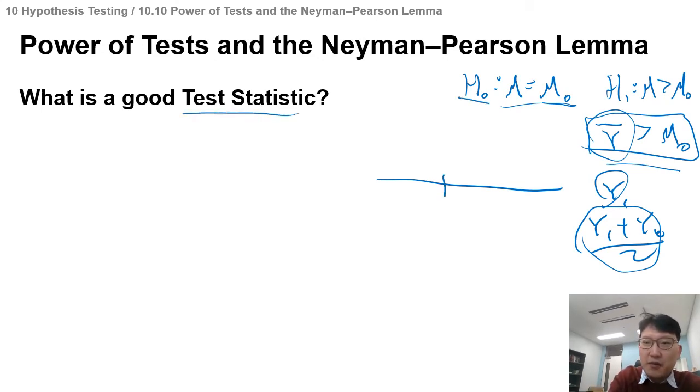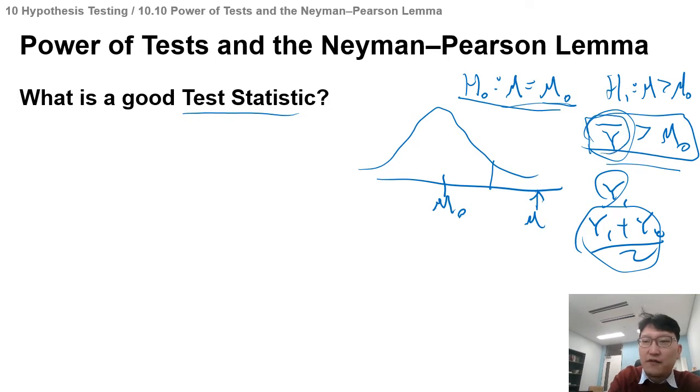Under the null hypothesis, mu equals mu 0, and what we probably want is a smaller variance of our test statistic, because if the real mu is greater than mu 0, then we will probably observe a large enough test statistic.